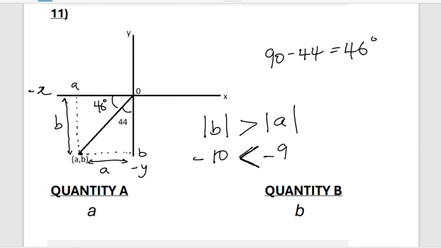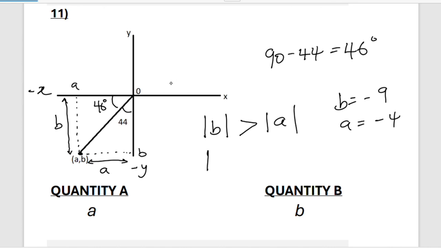Yes, the magnitude of B is greater than that of A, but because these are negative numbers, A has to be greater. Let me give you an instance. So let's say B is negative 9 and A is negative 4. The magnitude of negative 9 is 9, and the magnitude of negative 4 is 4, and 9 is greater because we are doing the magnitudes.